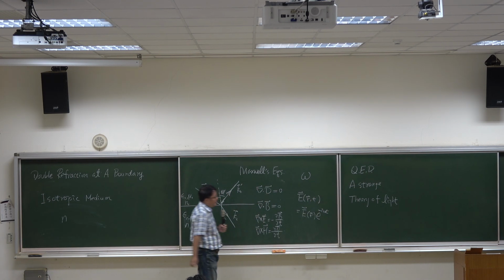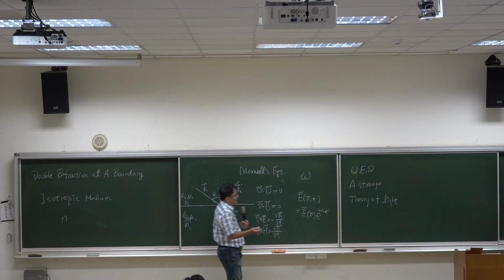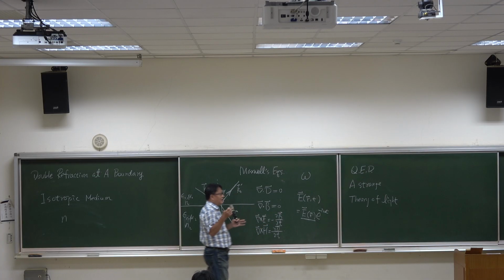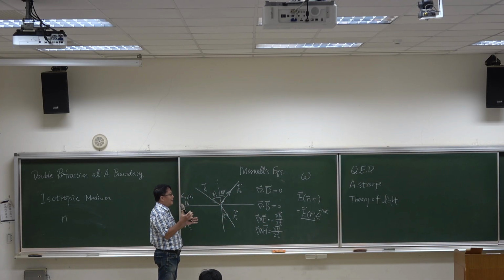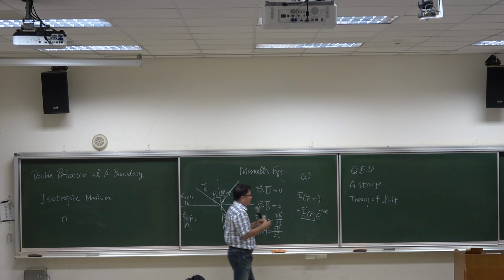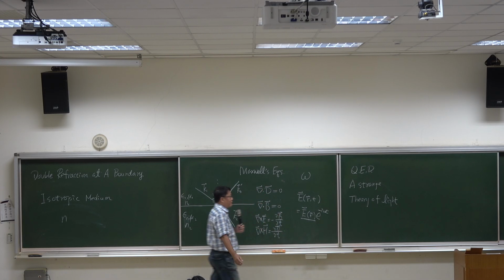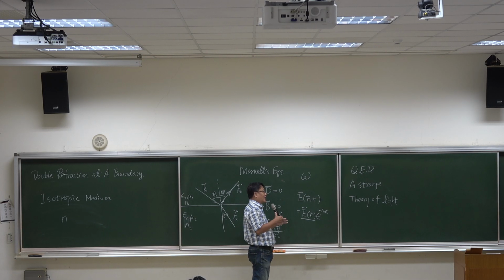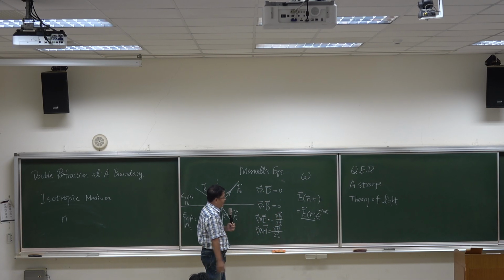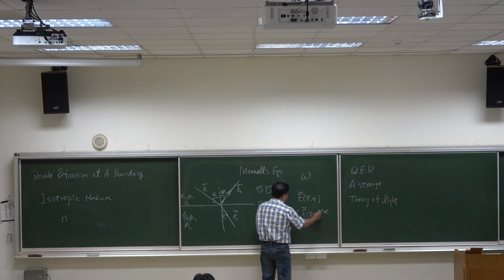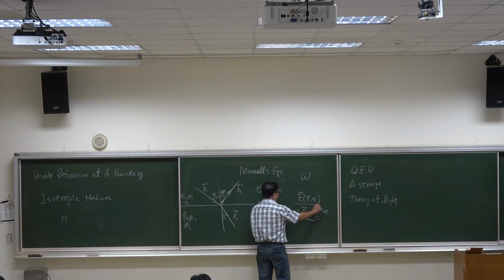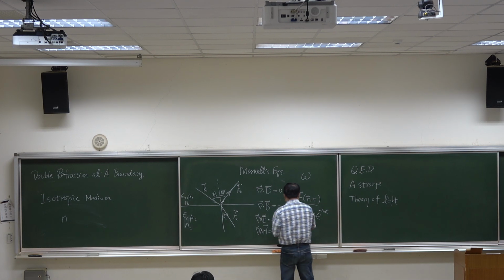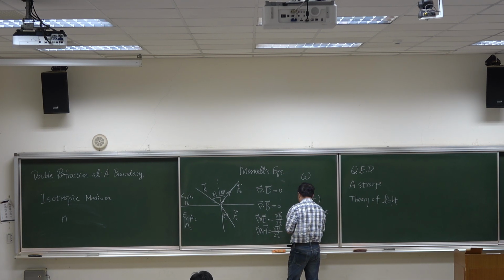Here I allow this E(r) to be not a plane wave, because we can add different plane waves to get the final field, which does not behave like a plane wave.